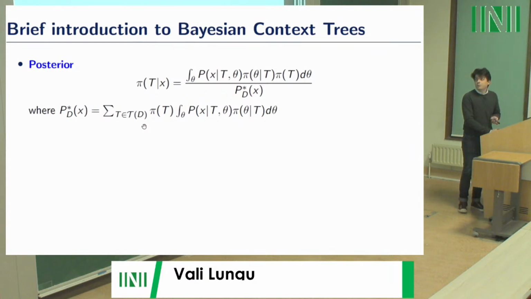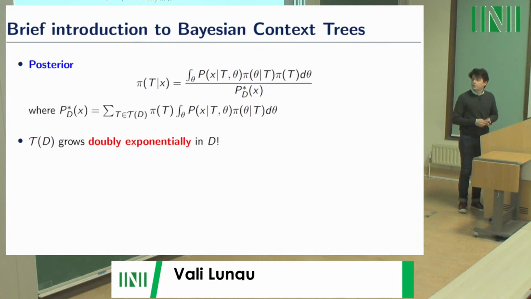Like in any Bayesian approach, this term is intractable to calculate even for low values of D, because theoretically you can prove that curly T of D grows doubly exponentially in D. This is quite common in Bayesian statistics.